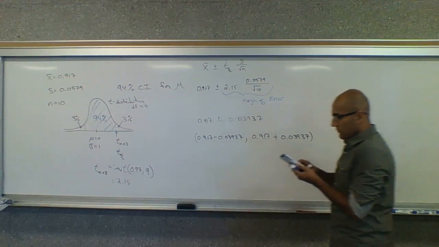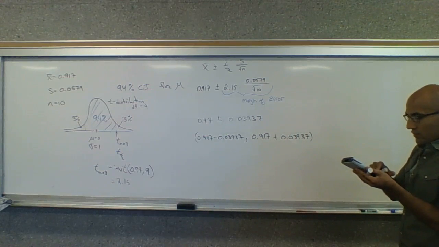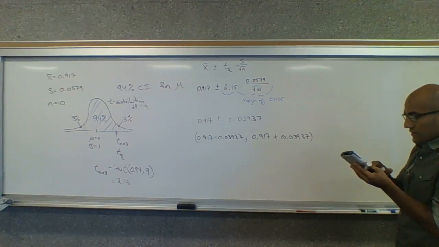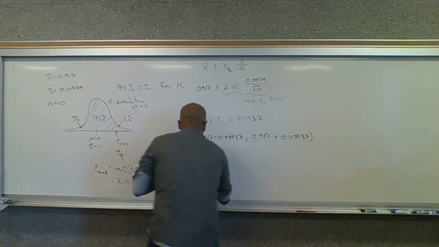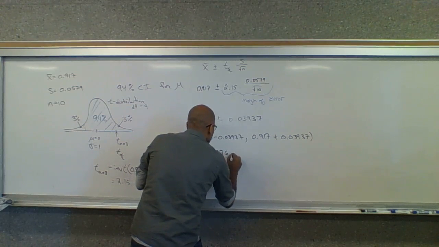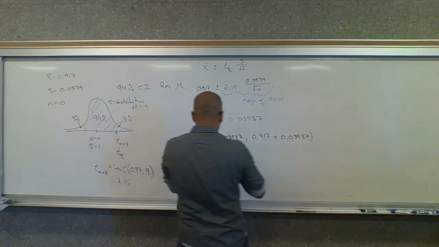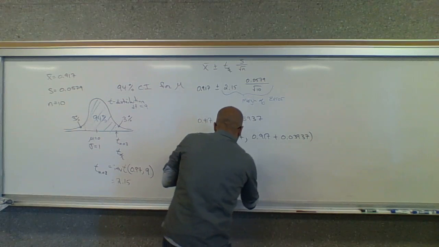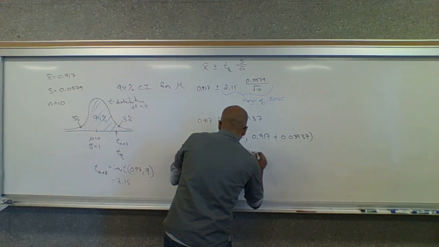0.917 minus 0.03937 gets 0.8776, comma, 0.917 plus 0.03937 is 0.9564.